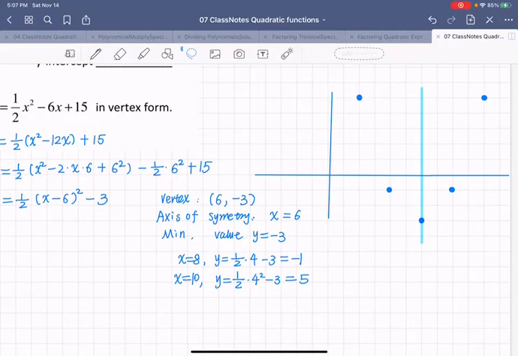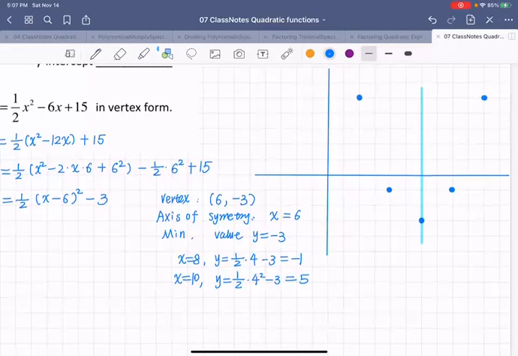Yeah, when I drew it, I didn't notice it. Okay, good catch. Okay, that's correct now, right? Yeah.